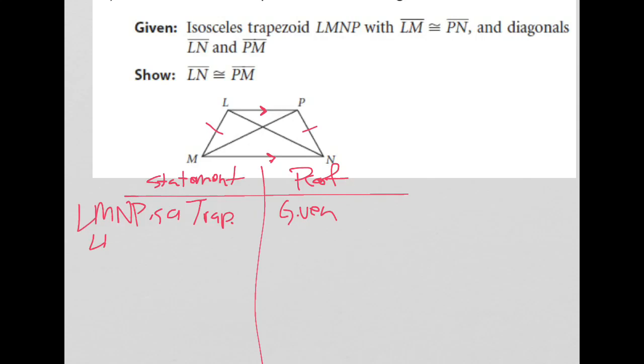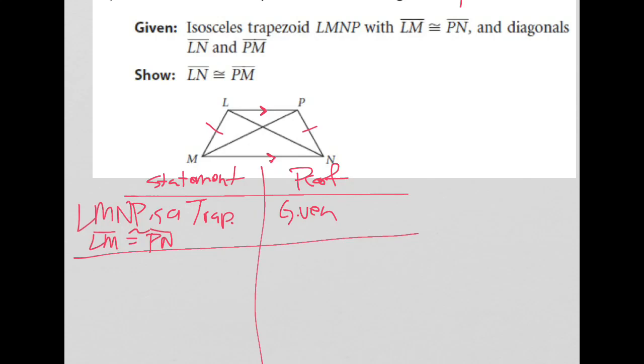Let's go ahead and say that LM is congruent to PN. We don't need to say that those diagonals are LN and PM. That is well enough implied.